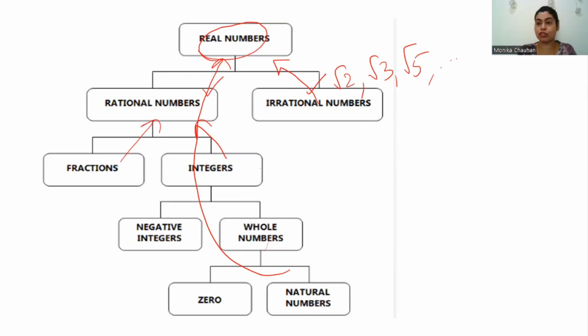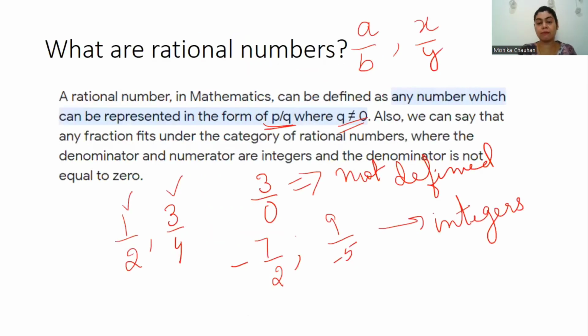So it should be in that form, A upon B, P upon Q. And also your numerator and denominator should be negative numbers, positive numbers, which are integers. So we have two types of rational numbers, one positive and one negative. I hope this is clear to all of you. And denominator should not be 0.